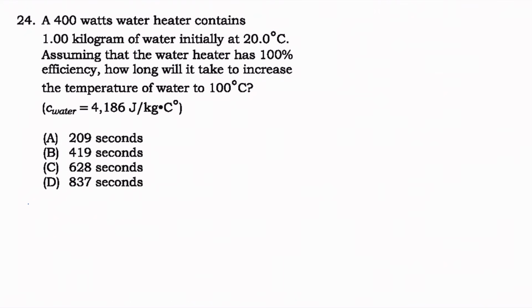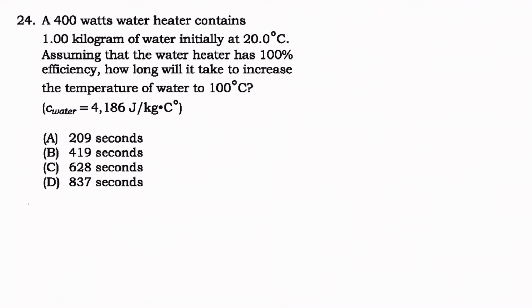Number 24. A 400 watts water heater contains 1 kilogram of water initially at 20 degrees Celsius. Assuming that the water heater has 100% efficiency, how long will it take to increase the temperature of water to 100 degrees Celsius? Yung specific heat ng water is 4,186 joules per kilogram degrees Celsius.